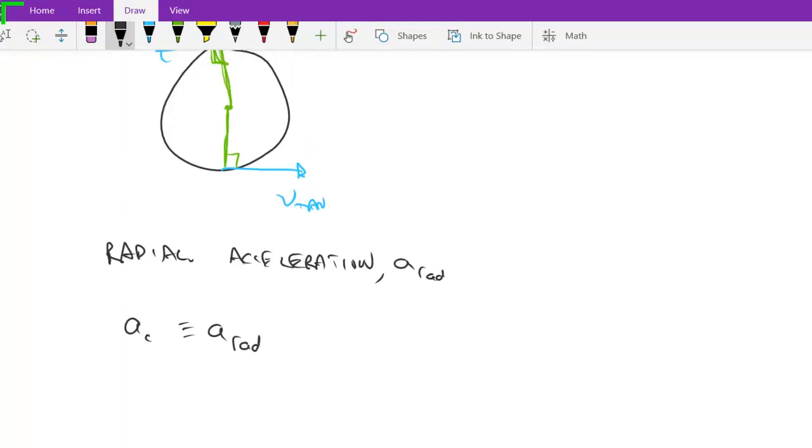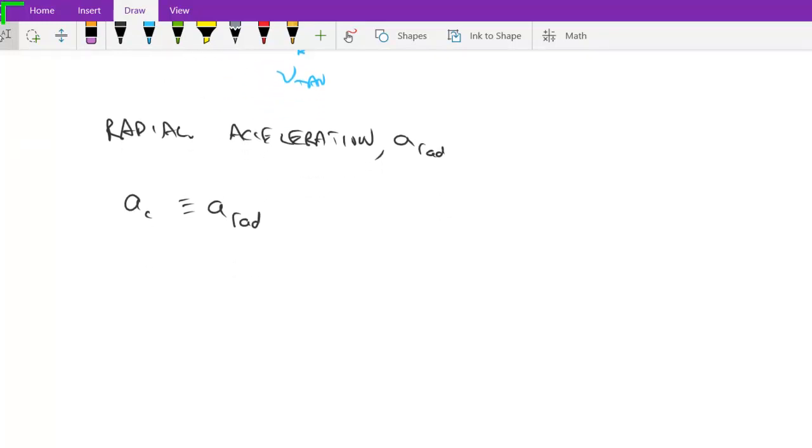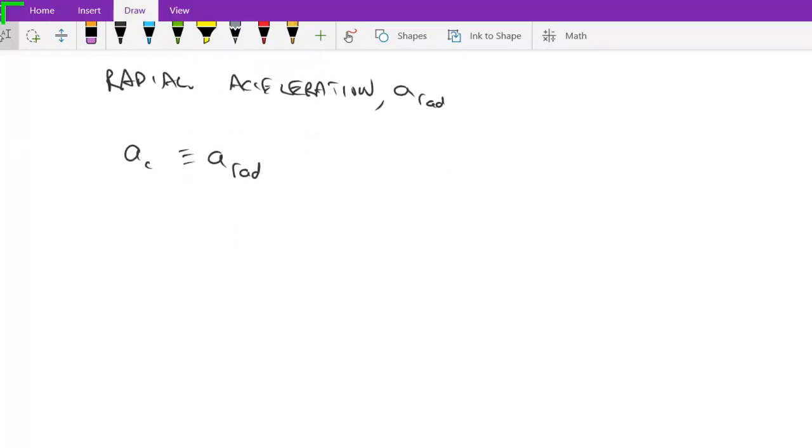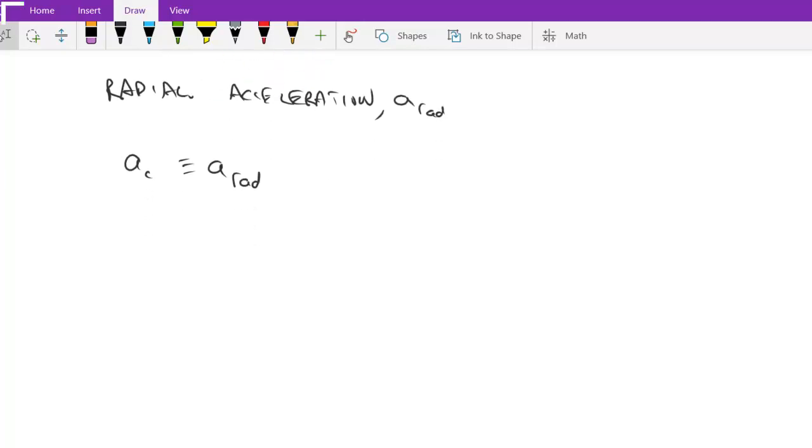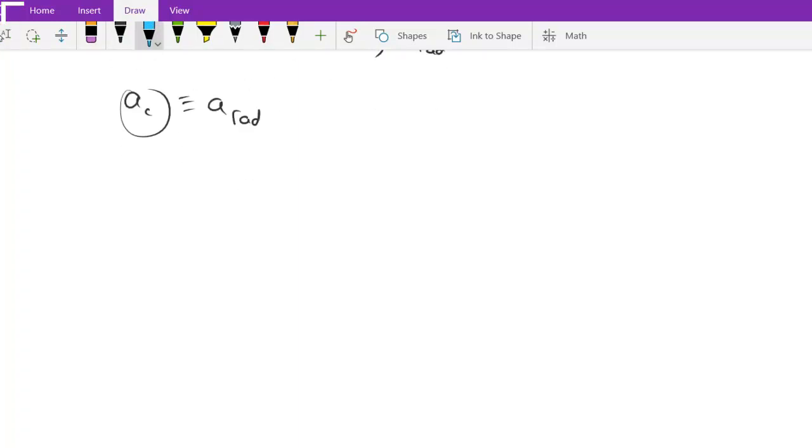It just depends if you want to use Greek or English to describe it, I suppose. But they mean exactly the same thing. So oftentimes radial acceleration is easier to say, but centripetal acceleration is easier to write. So I might say radial acceleration but write AC. They mean exactly the same thing.